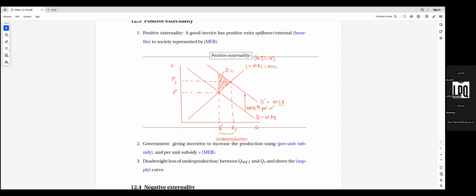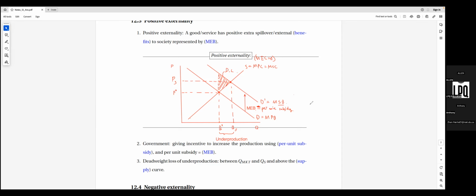So that means the government offers something called a per unit subsidy to everyone, to the general public, in order to encourage more consumption activities.